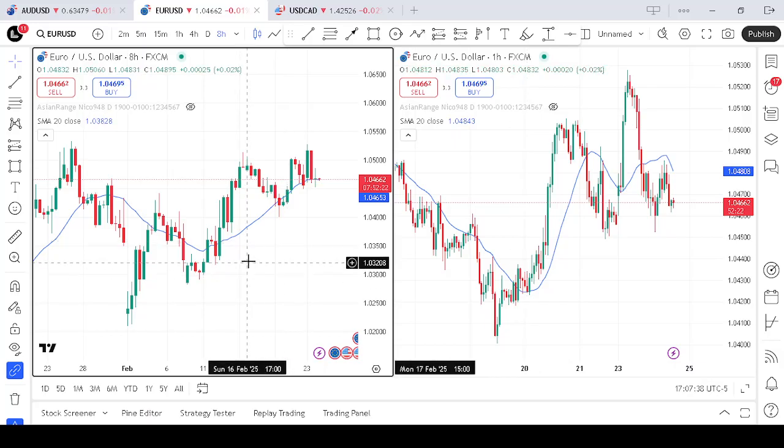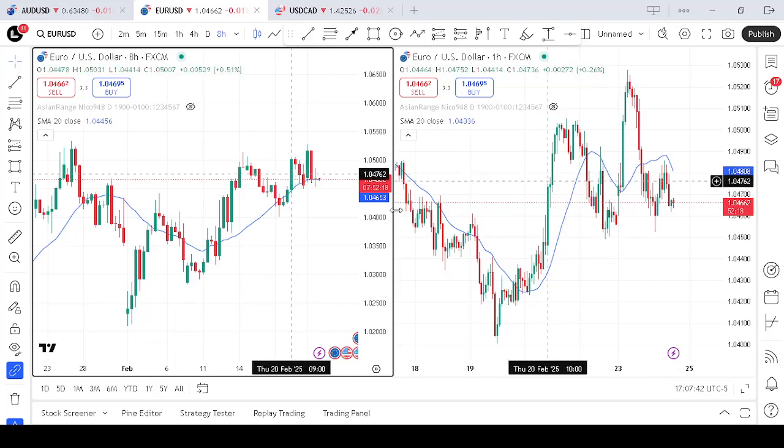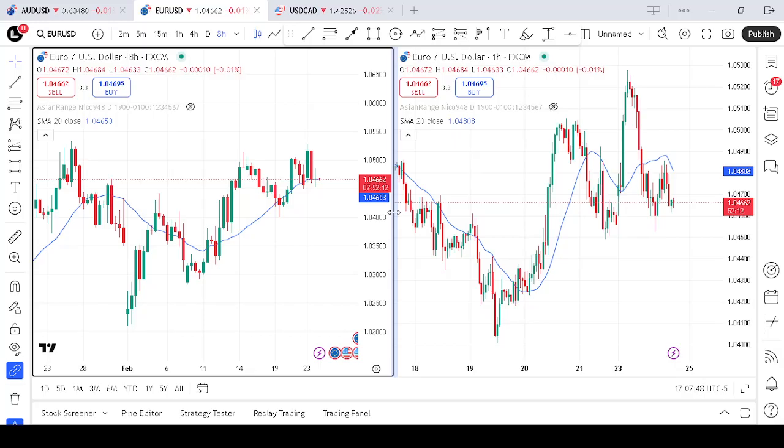Think of the 8-hour as your market filter. It removes the day-to-day noise in the market and the traps that traders often face, like false moves, while trying to capture essential price movement that matters.